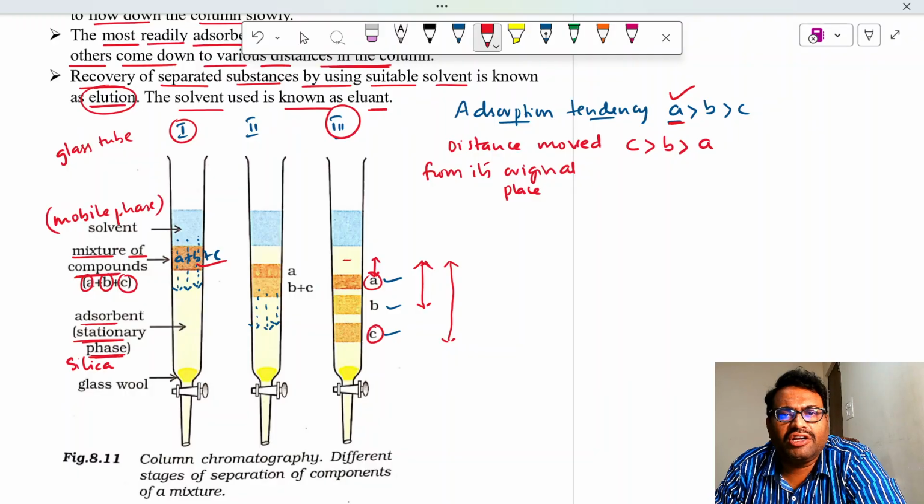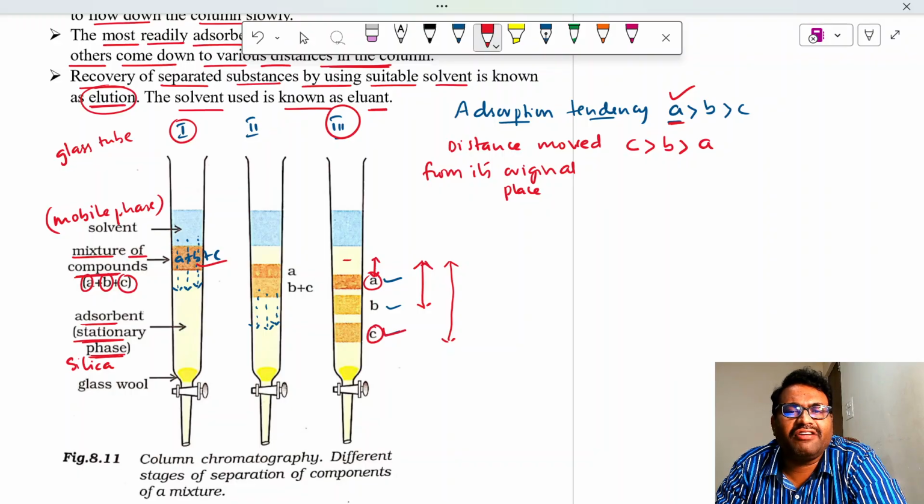In this, you will be asked, which component will travel more with the solvent? C component will travel more with the solvent.